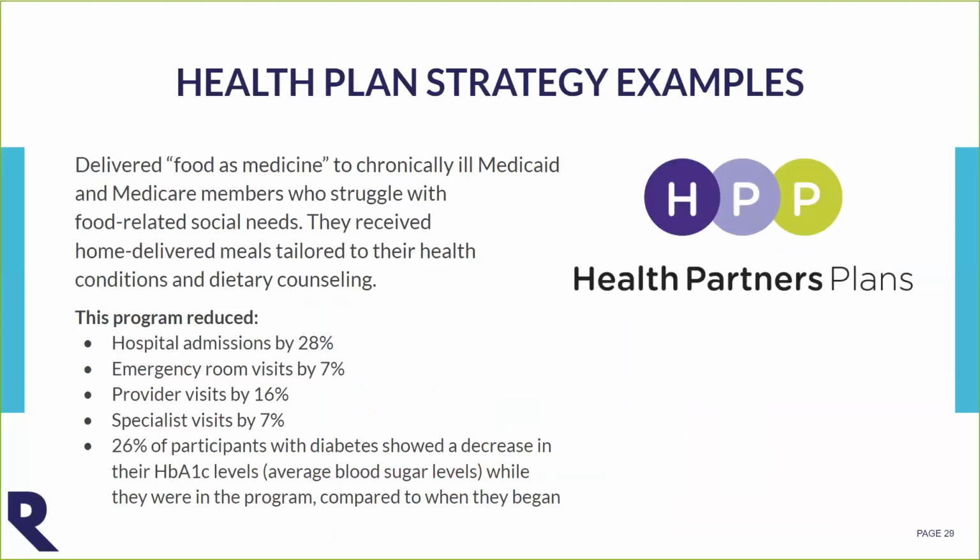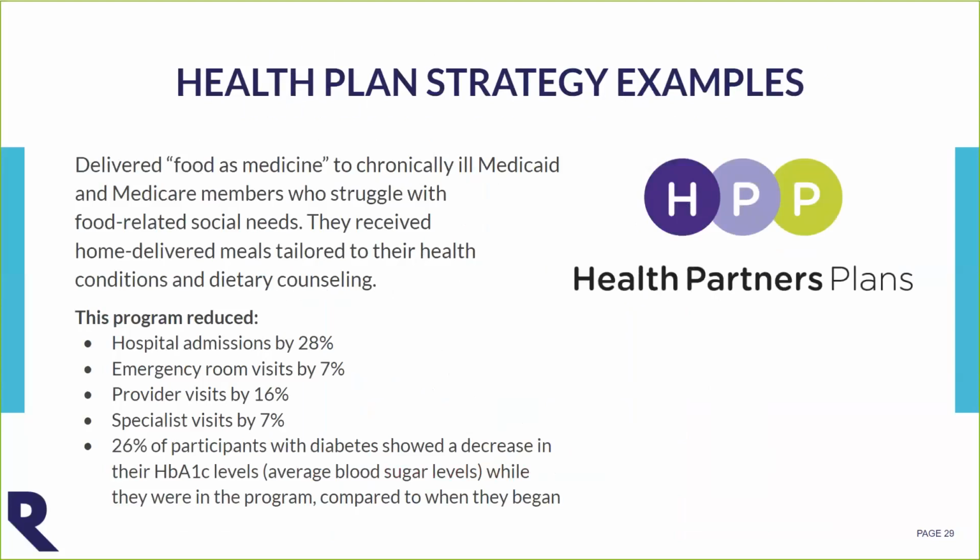Health Partners also has a program that deals with food as medicine to chronically ill Medicare and Medicaid members. And this is home-delivered meals that are specifically tailored to their health condition and dietary counseling. So if somebody's diabetic, they're not going to send out a box of brownies to them.